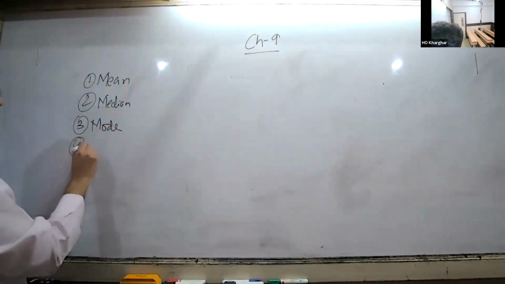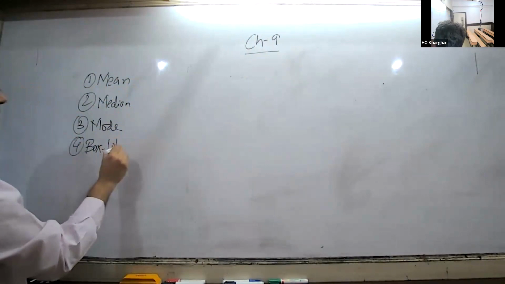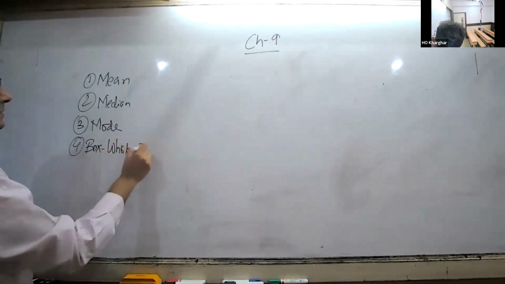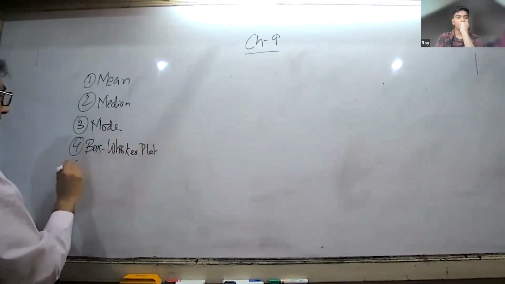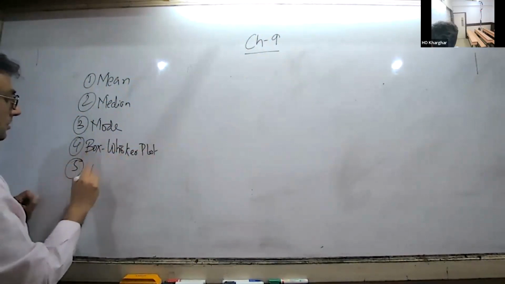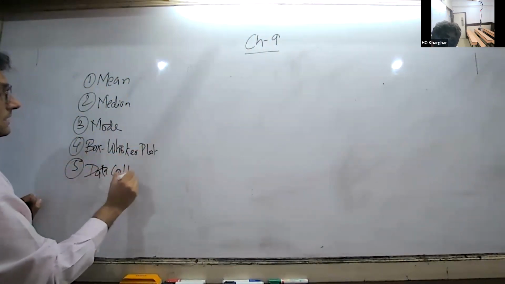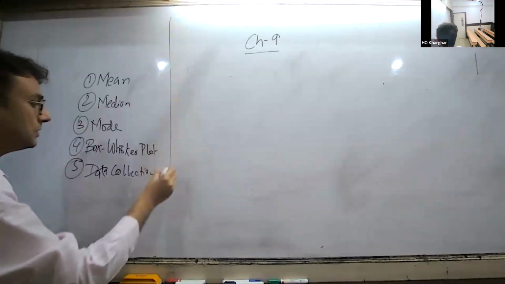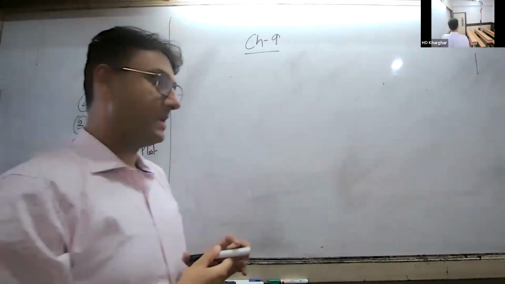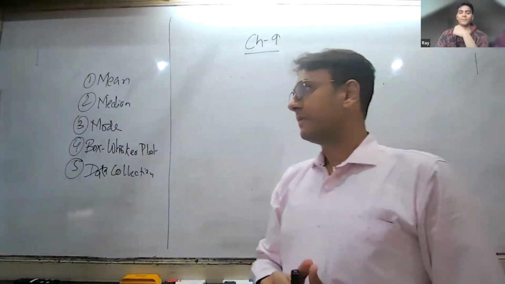Fourth, we'll talk about box and whisker plot. And then we'll talk about something related to data collection and interpretation. So if time permits, we will do all of this. Otherwise, we'll carry it forward.